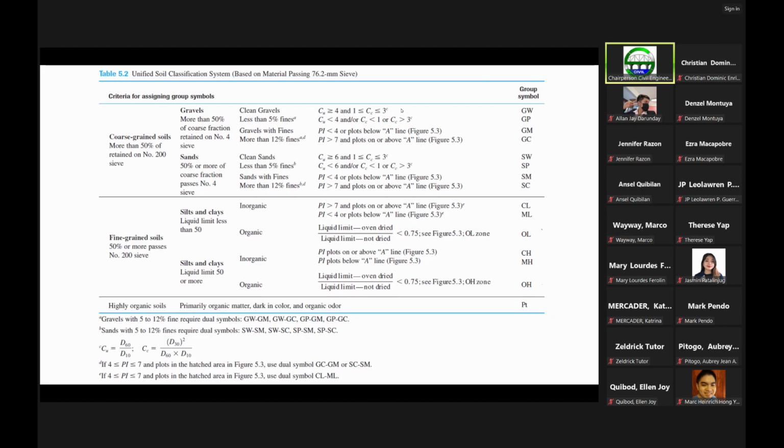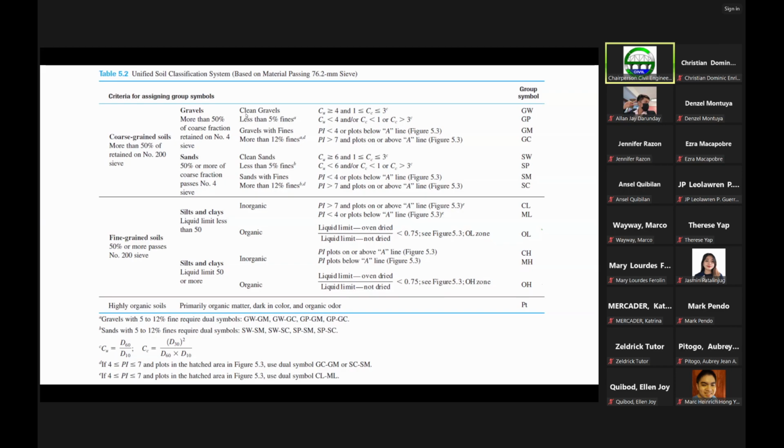So if you satisfy this for clean gravels, then we have the symbol GW, where G stands for gravel and W stands for well graded. So that means this is a well graded gravel.